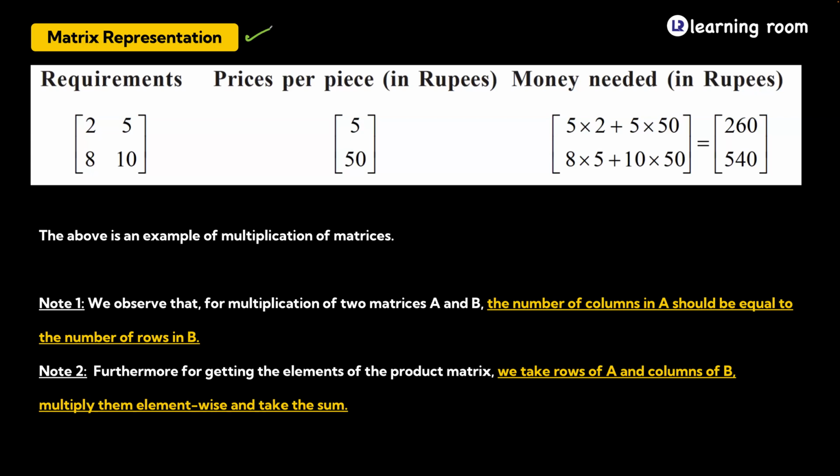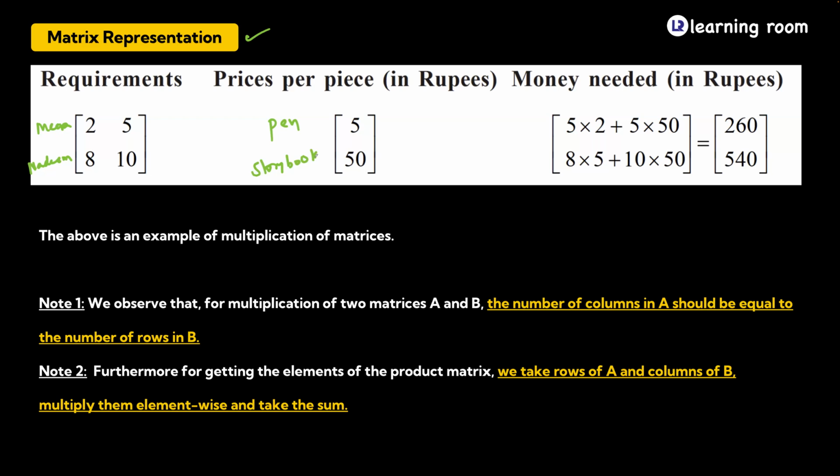This is by Meera. And 8 pens and 10 storybooks by Nadeem. What is going to be the price per each? It is going to be 5 and 50 respectively. So this is the cost of each pen and this is the cost of each storybook. Is that clear?